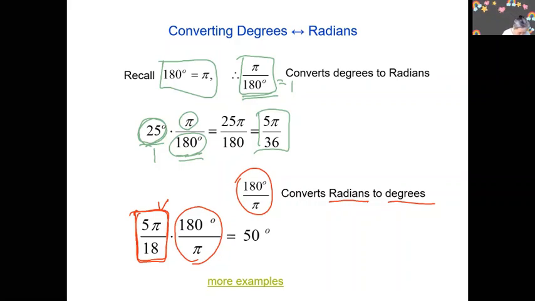So in order to cancel pi, I have to have pi on the bottom. That forces you to have the equivalent 180 degrees on the top. Then to cancel, the 18 will simplify 180 to a 10, and 5 times 10 is 50 degrees. Simple, right?